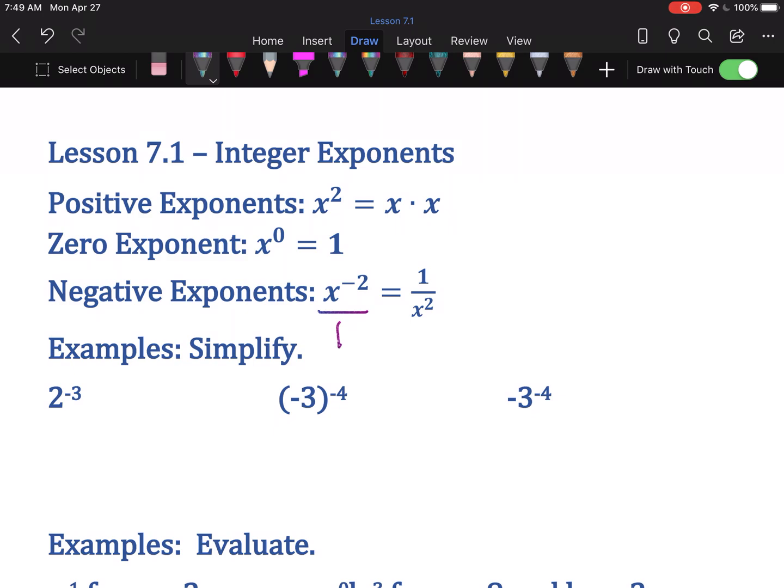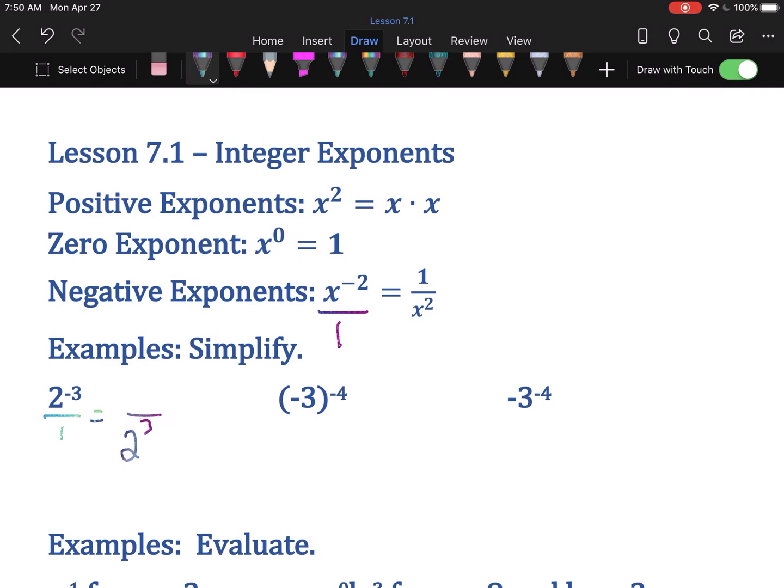So let's start with 2 to the negative 3. That is a problem because we're not allowed to have a negative exponent. So what we need to do is say, okay, secretly, you've been a fraction all along. And the negative exponent screams, move me to the denominator. And when you do that, it becomes positive.